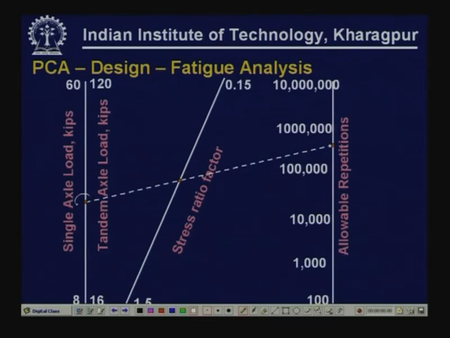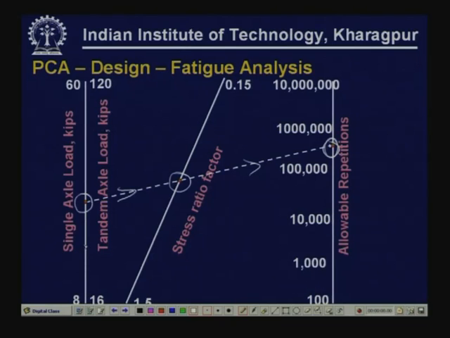Once we select a single axle, say 20 kip, and we have already worked out the stress ratio factor for single axle for the given pavement system, connect these 2 points, extend it to meet this line, and this is the value which gives us the allowable repetitions if this is the load that is going to be applied repeatedly.